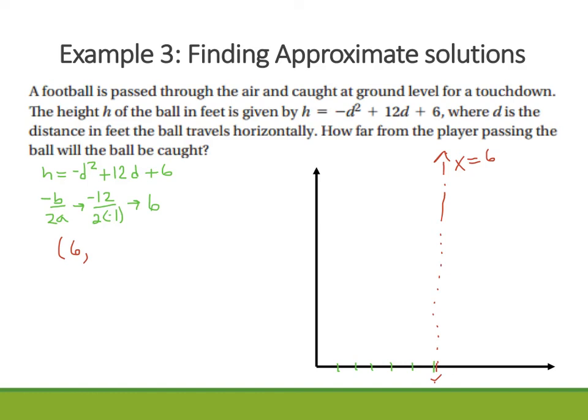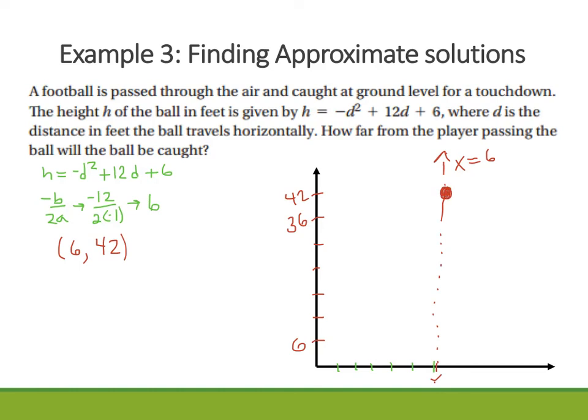Positive 36 plus 6 is 42. So you should get back 42. So what that means is that the ball is going up 42 feet. So I'm going to use a scale of 6 on this axis. So 6, then 12, 18, 24, 30, 36. So here's 36, and then 42. So the ball goes all the way up 42 feet in the air.